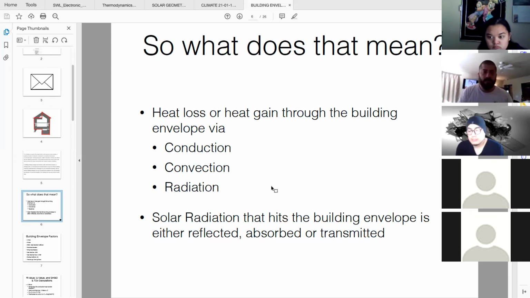And in terms of our solar geometry and our building mass, the solar radiation that hits the building envelope is going to be either reflected, absorbed, or transmitted. Reflected back to the atmosphere, absorbed into the envelope skin, or transmitted through transparent surfaces such as glazing into the interior of the building.